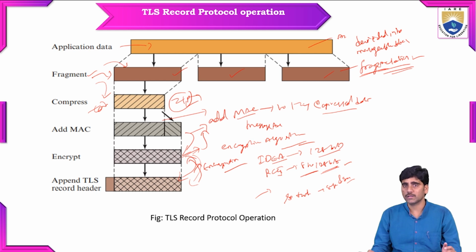Then it has to be compressed, then MAC applied, then encryption applied, and then the TLS record header appended. So this is all about the definitions of scanning and reconnaissance, PGP, TLS record protocol operations, and comparisons of the different web threats.